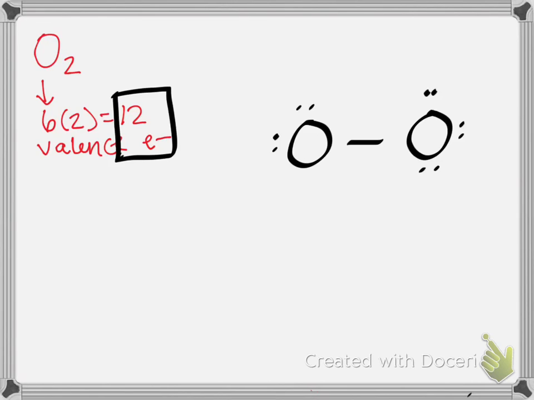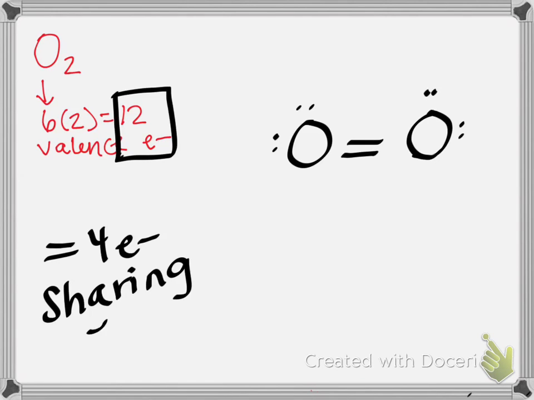Okay, so what I'm going to do is take the guy who's electron rich, which is the oxygen on the right. So I'm just going to erase this lone pair here on the bottom. And then I'm going to make a double bond. The reason we're going to make a double bond is because a double bond represents 4 electrons, okay? And remember, we share electrons with covalent, okay?